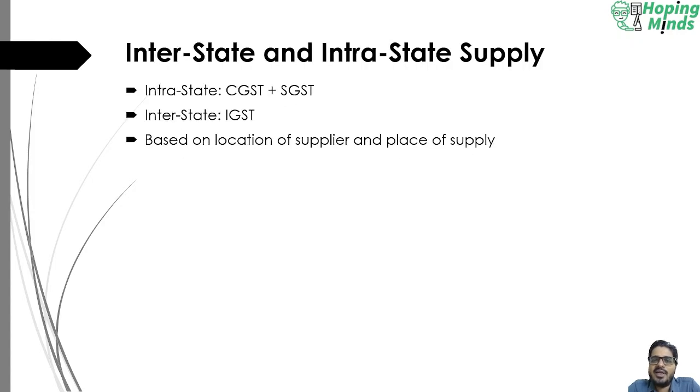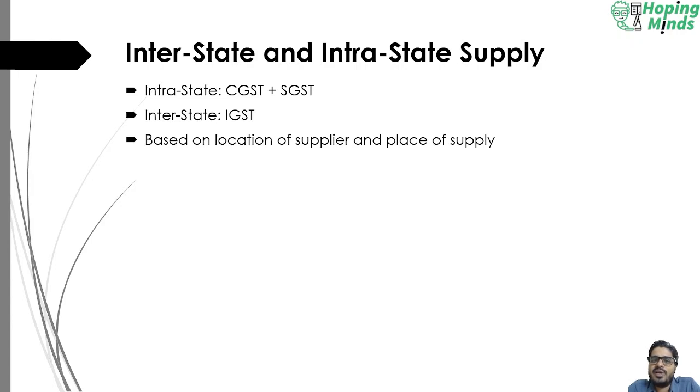Next is the interstate and intrastate supplies. So interstate supply is the execution of sale or provisioning of services outside the domestic boundaries of the state, whereas intrastate supplies are those supplies which are executed within the domestic boundaries of the state.